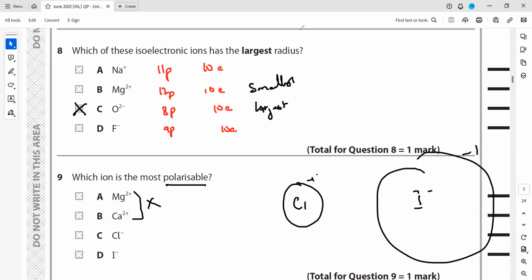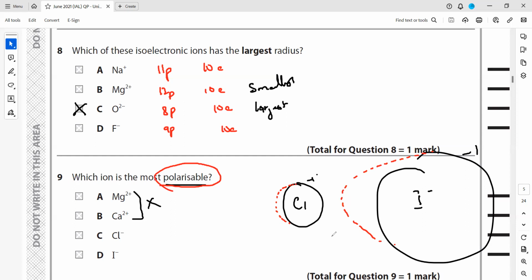Most polarizable means which can be polarized more. Because chlorine has a smaller size, the electron distribution can be disturbed but less. But if there is iodine, as it has a large size, the valence shell electrons or the last shell electrons experience the least attraction, so they can easily be polarized.